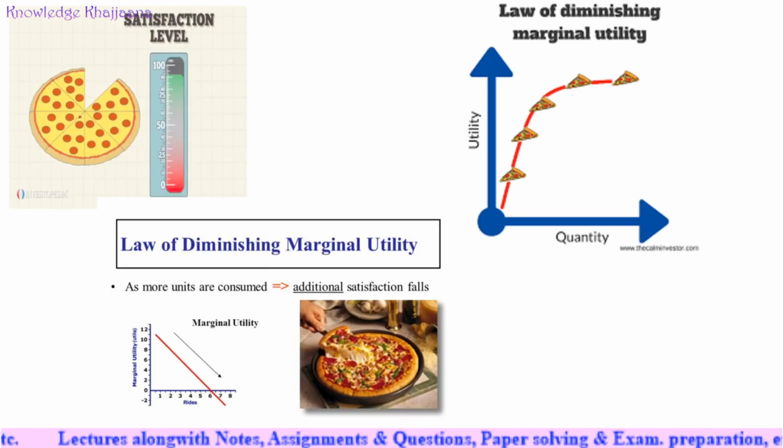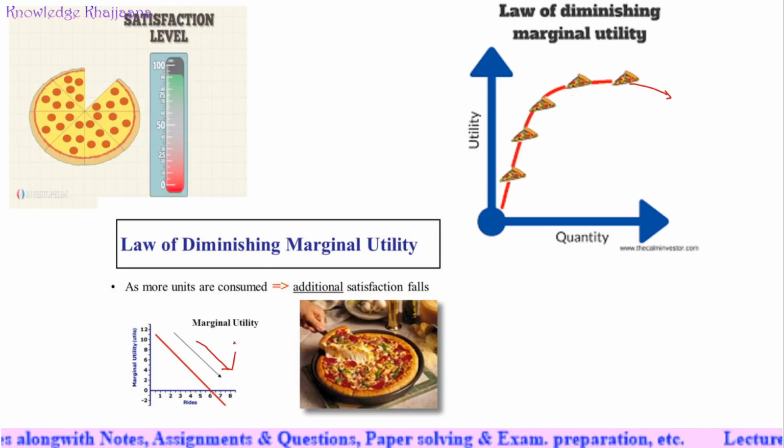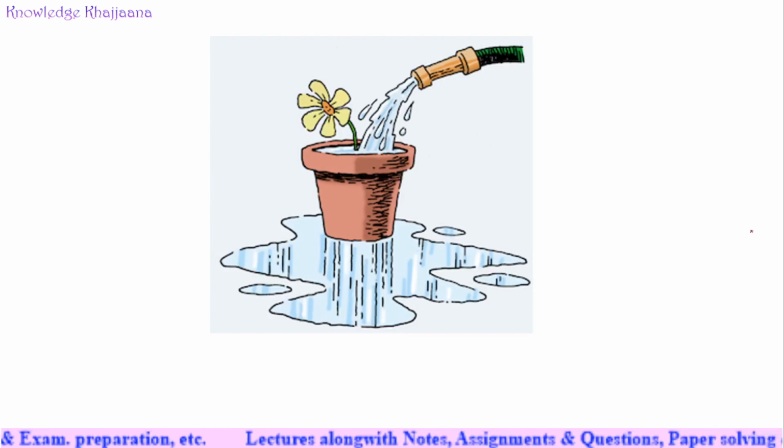When we reach the satisfaction level, the graph of marginal utility goes on declining. After reaching a specific satisfaction level, there is no use of more and more consumption. It just goes on wasting and becomes a disutility or harmful.